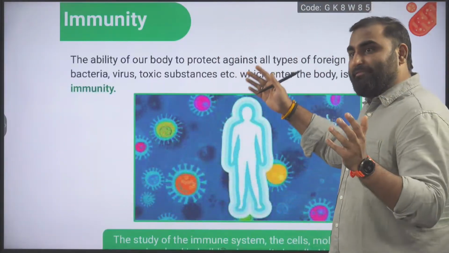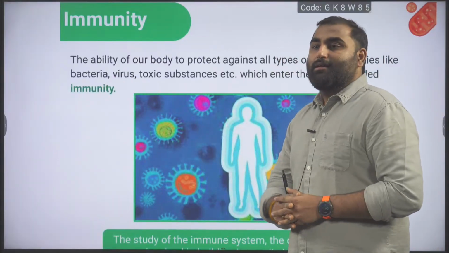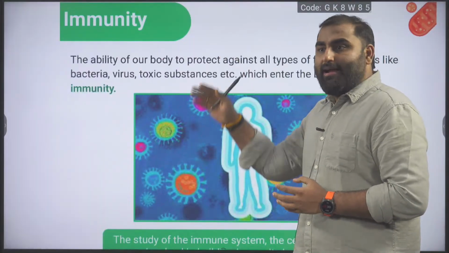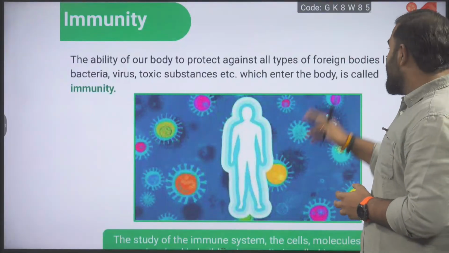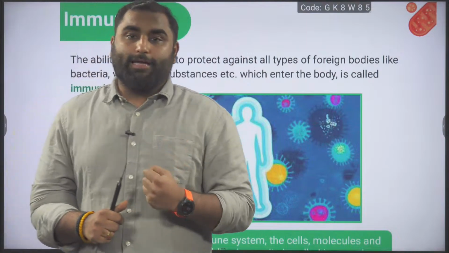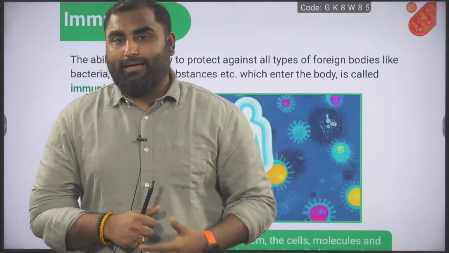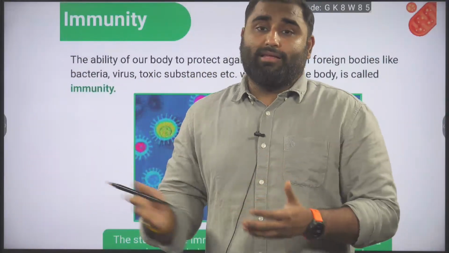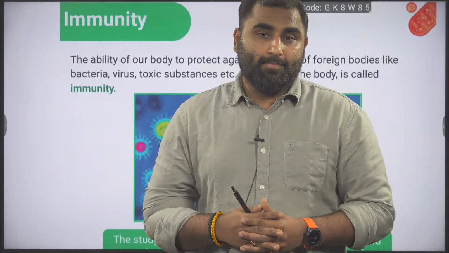Still, it fights with all types of foreign bodies like various bacteria, viruses, many toxic substances, etc., which enter the body. It is our body's ability to fight foreign bodies, whether a bacterium, a virus, a protozoan, or even a non-living thing like some toxic substance. That is your immunity. Okay?